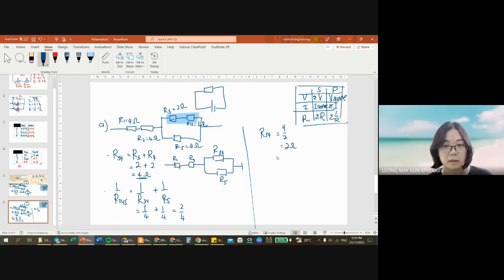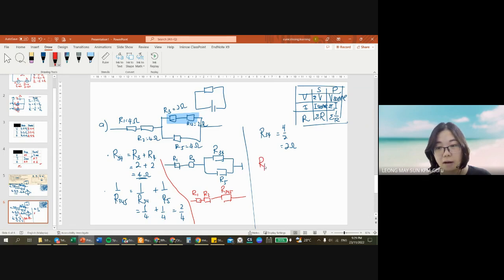So once I got this, this circuit now becomes R1, R2, and R345. And R345 is 2 ohm now. So finally, R effective.